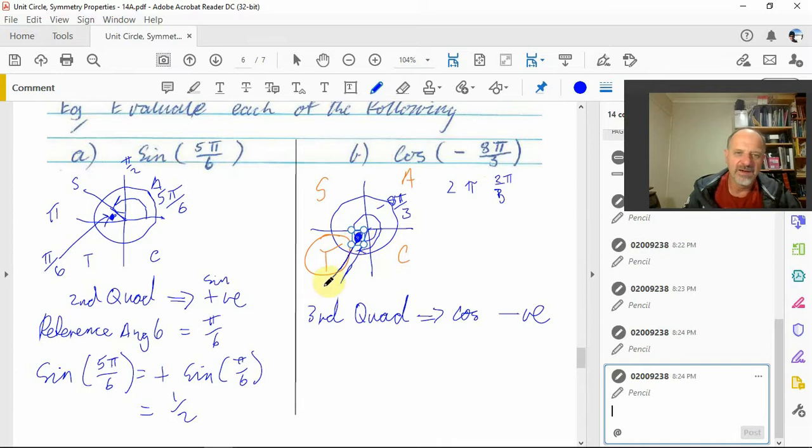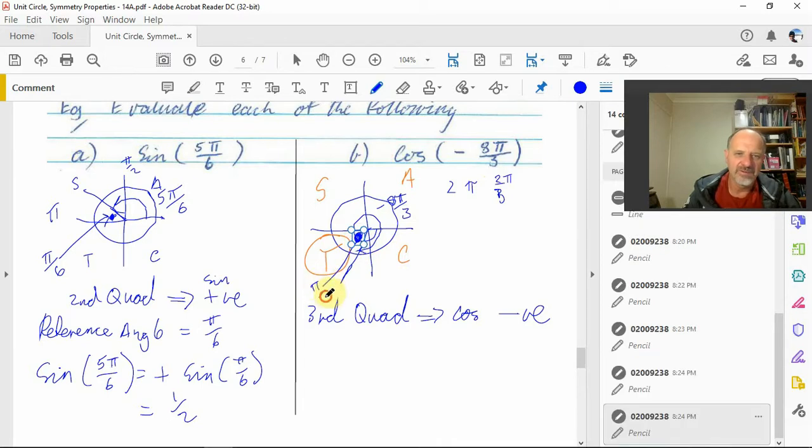So that there is pi on 3. So a reference angle equals pi on 3.